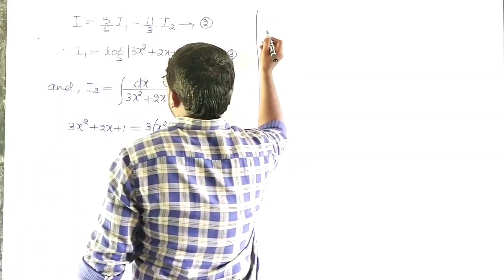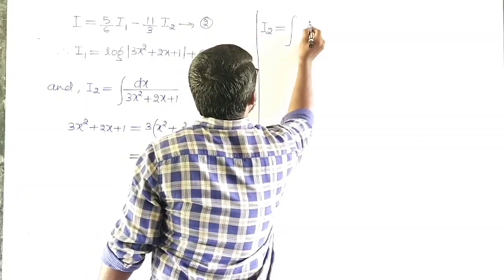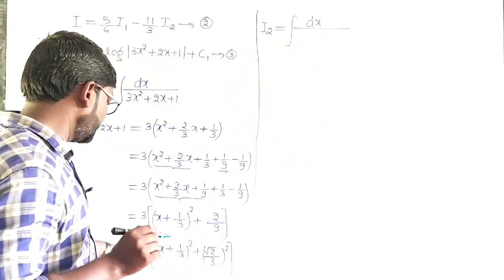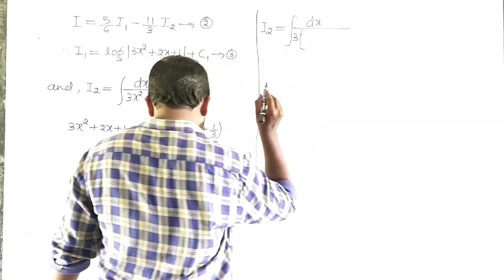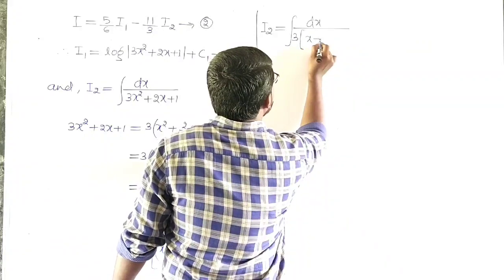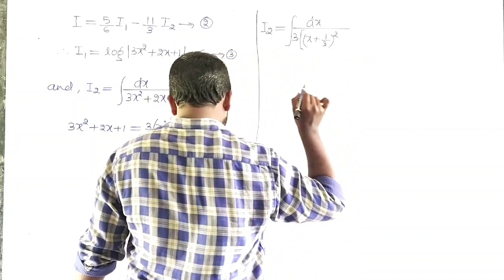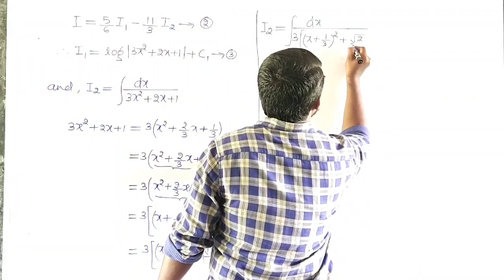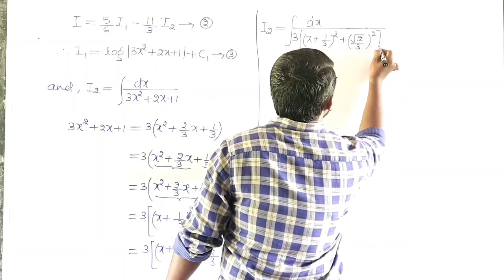So I2 which is equals to integral dx upon, so 3 I write it outside, then x plus 1 by 3 the whole square, and then plus root 2 by 3 the whole square, then complete the main bracket.